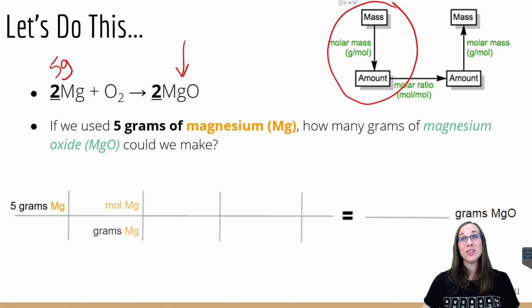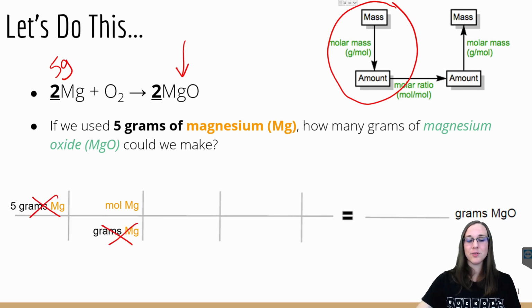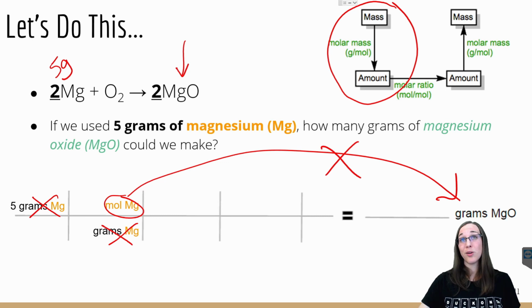So the first thing we're going to do is figure out the molar mass of magnesium, and that's our grams per mole. This way, our grams of magnesium will cancel. Well, shucks, if I do that, then I still have moles of magnesium, which does not equal our goal units. This is where the mole ratio comes in handy, because now we can get rid of the moles of magnesium and have moles of MgO on top. Our goal always goes on top.